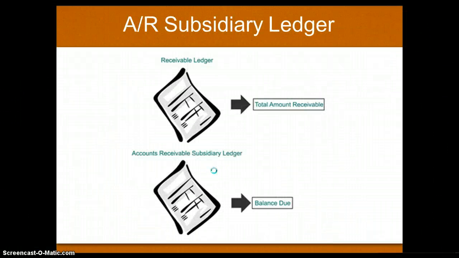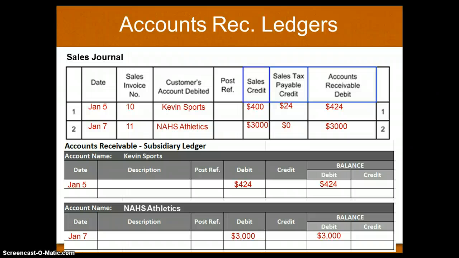Okay, so also once we've copied those amounts to the appropriate general ledger accounts, don't forget about your accounts receivable subsidiary ledger. So for example, here's that sales journal again, and we copied down those two transactions. Now we need to copy them into their appropriate subsidiary ledgers.